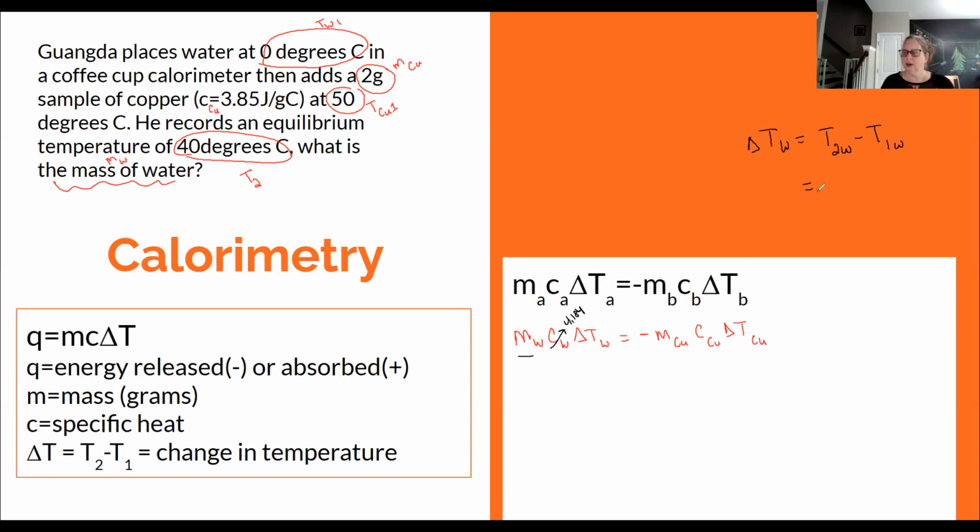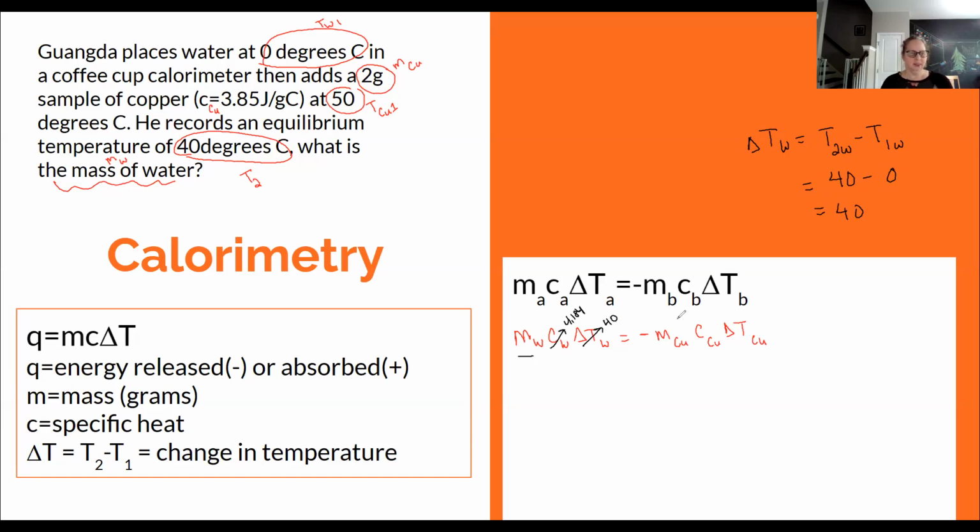Temperature final of the water, I don't see it anywhere. I'm at equilibrium. The final temperature of the water is 40. The original temperature is 0. So that is 40 going in there for my delta T, or the change in temperature.